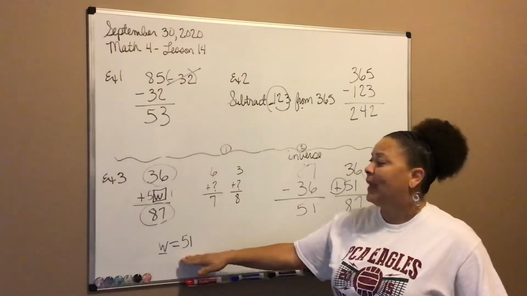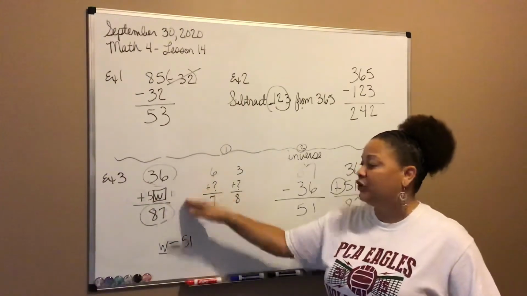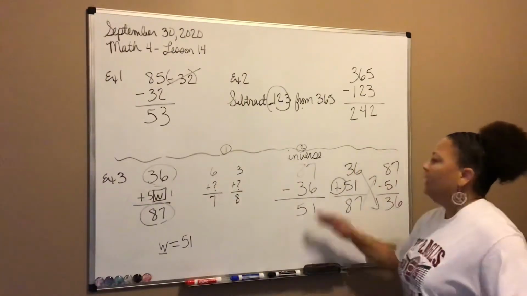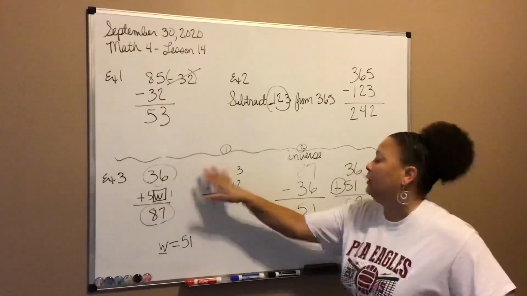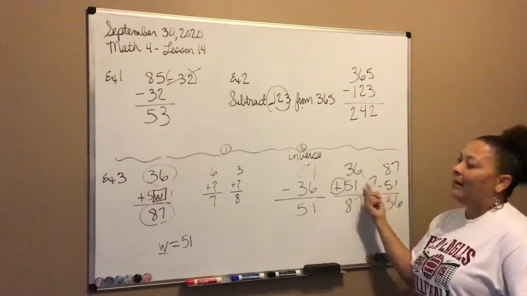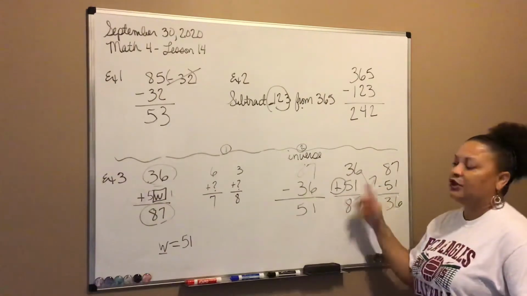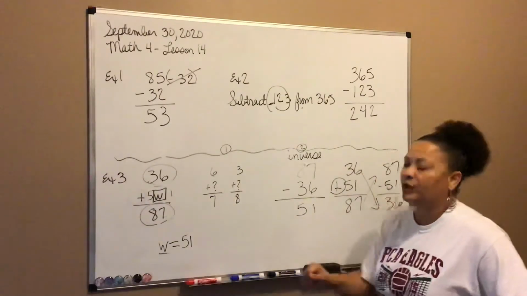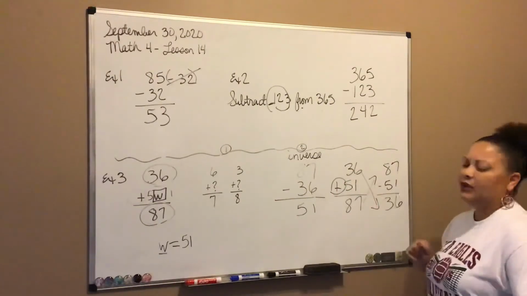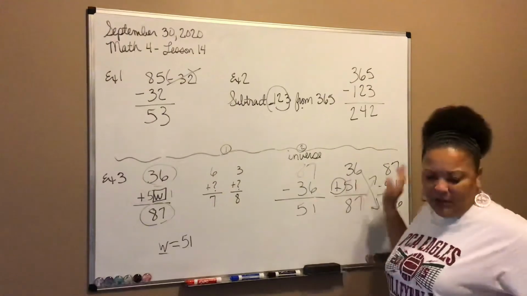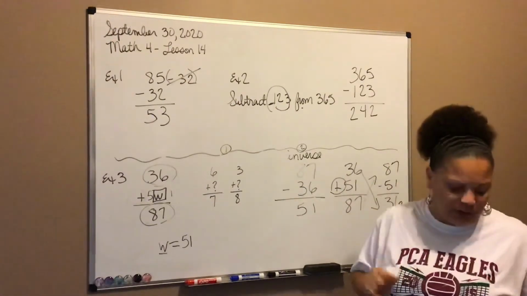Just make sure you go back, plug in that 51 to make sure your answer comes out right. Okay? Inverse operation, take your larger, subtract your smaller, but then go back to your original problem and plug in your answers. Make sure they work. Your W equals 51. Plug it in, and if you want to triple check, then you do the first shall be last, last shall be first method and change your sign, and you should be fine.